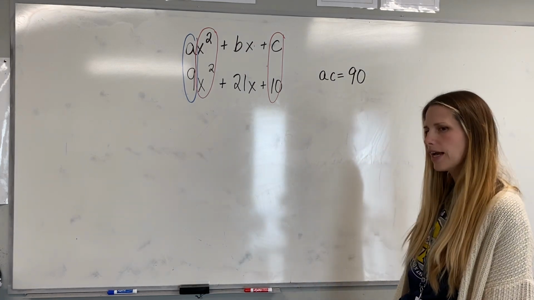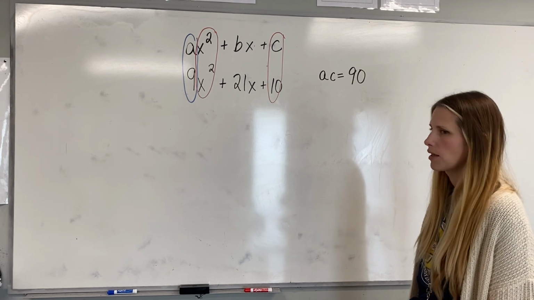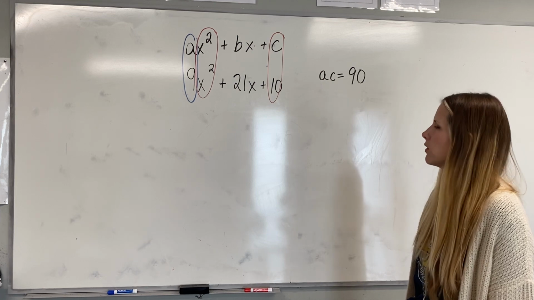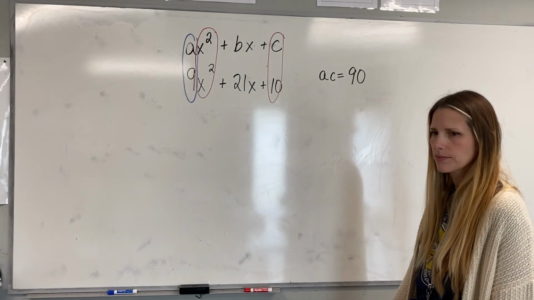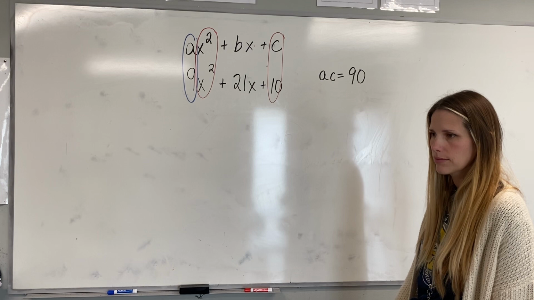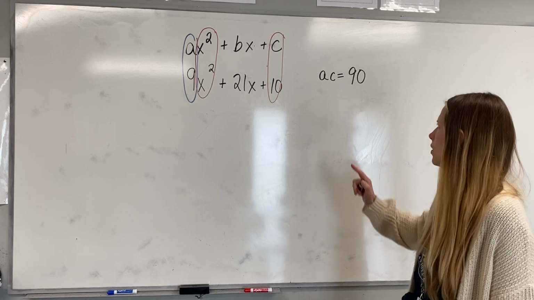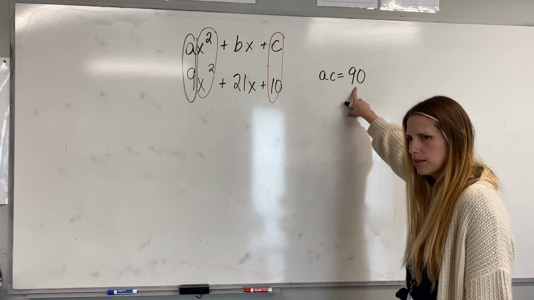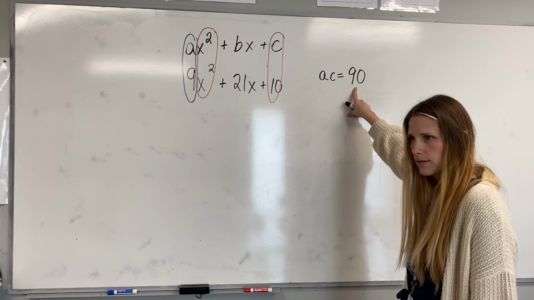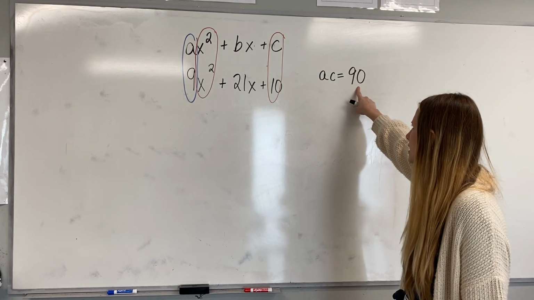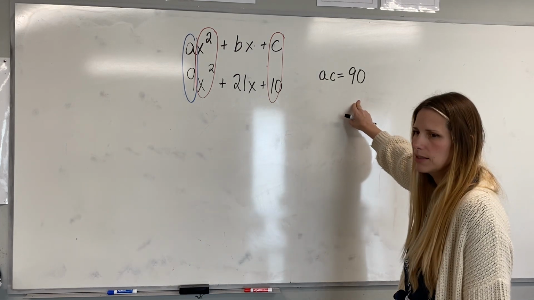Now, what do we need the 90 for? And it's okay to look to your next step if you want. To find the... use it to add to get the sum to be... Okay, so my question was, what are we using the 90 for? As the product? Yeah, the product of what? A and C. Well, we found 90 by getting the product of A and C, but we're using 90 to get the product of what?